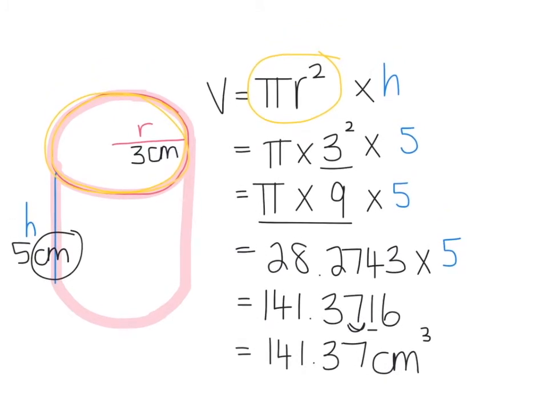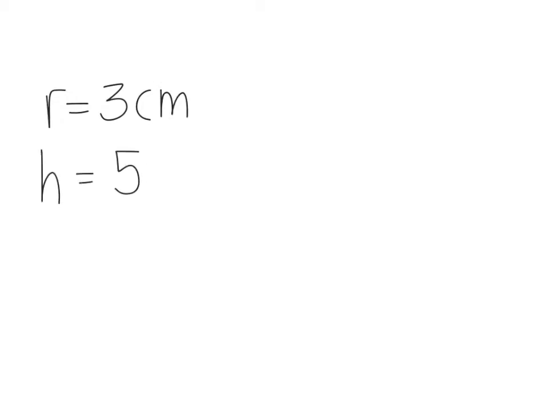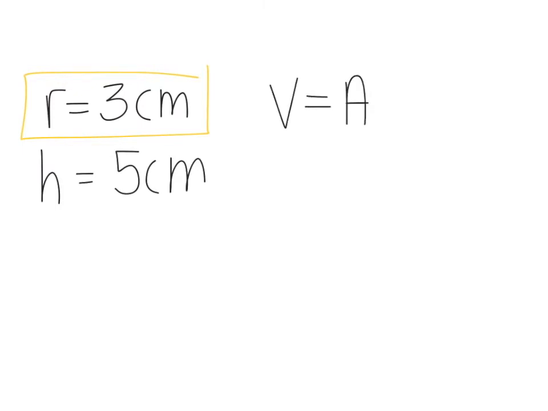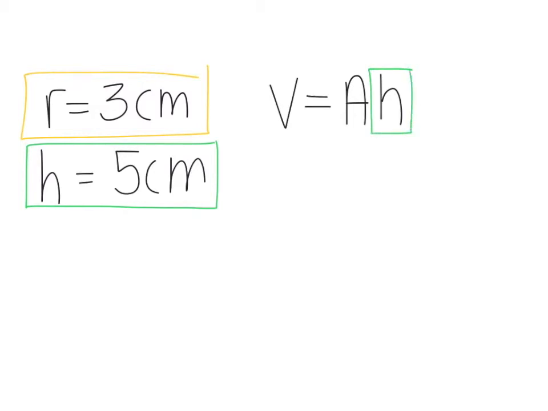So I'll come back to this one, but I know that my radius was 3 centimeters and my height was 5 centimeters. So to work on the area, I'm just going to focus on that one because I'm going to be using the formula V equals A H. So I'm going to know that this equals this, and I'm going to calculate this using this.